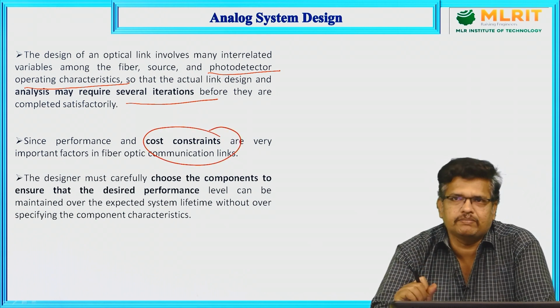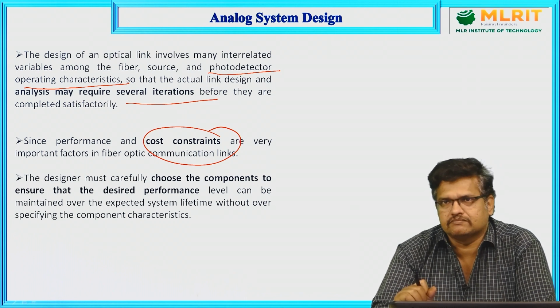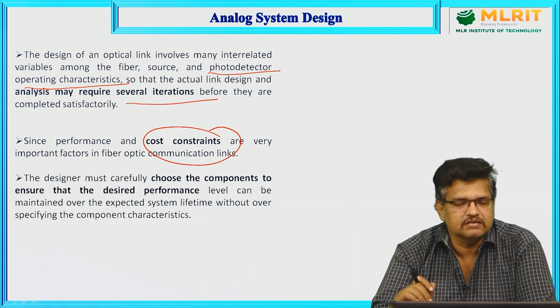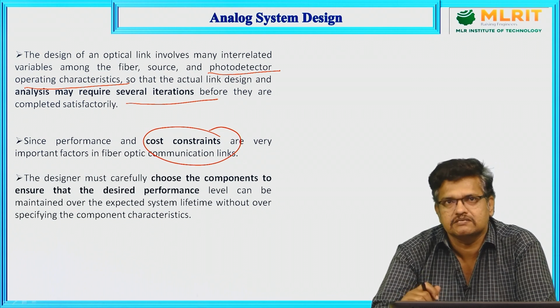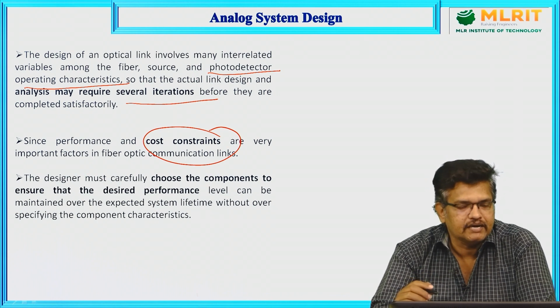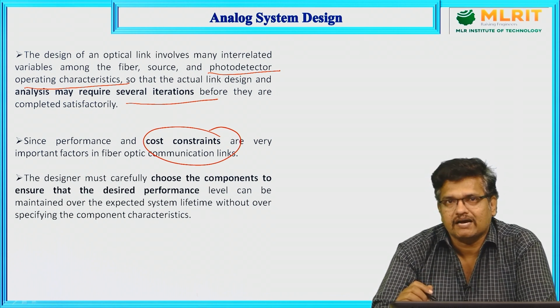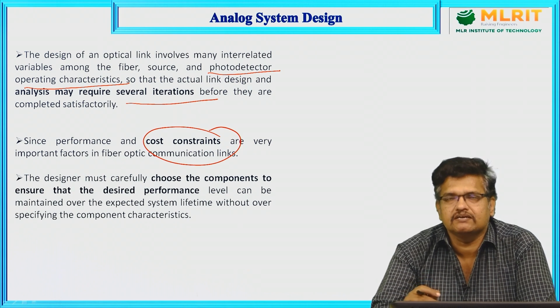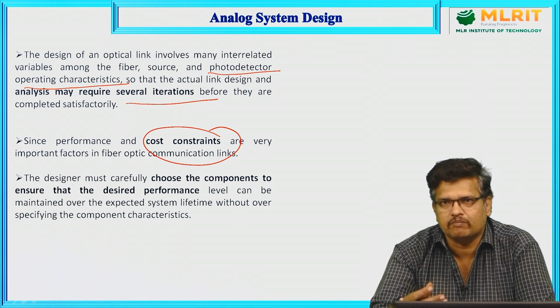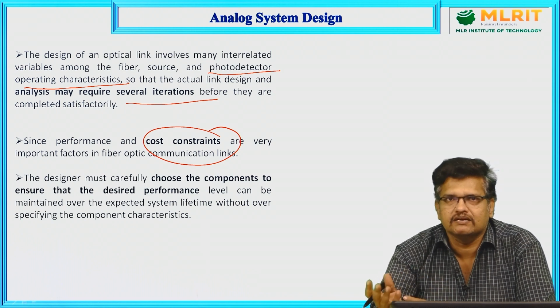Next one is cost constraints. Cost constraints are one of the important factors in analog system design, because the cost of the fibers and components matters. So, we have to see the cost constraints also while designing a fiber optic communication system. Another one is that a designer must carefully choose the components to ensure the desired performance, so that the characteristics of one device are coupled with another device.